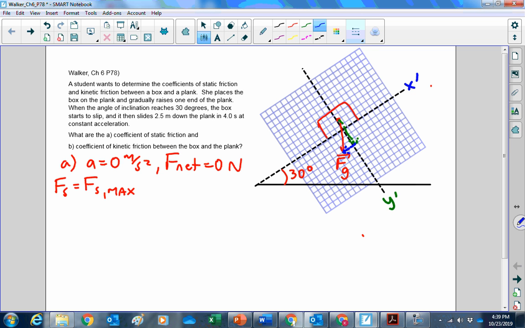But what's keeping that from happening right now is this force of F static, or static friction, and that would be canceling exactly with my component of gravity that is along the ramp direction. And then don't forget our normal force. So that is canceling with the part of gravity that wants to pull the box down through the ramp, but that's not happening.